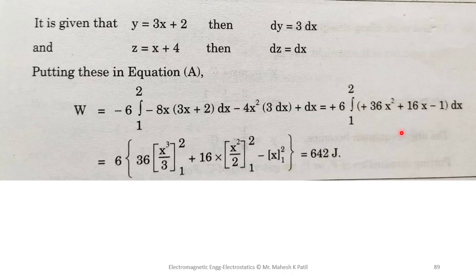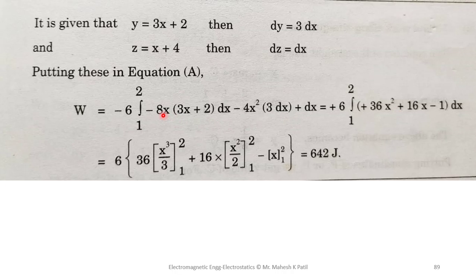So it will become 8 3s are 24 x square plus 4 3s are 12 x square. So 24 plus 12 is 36 x square.